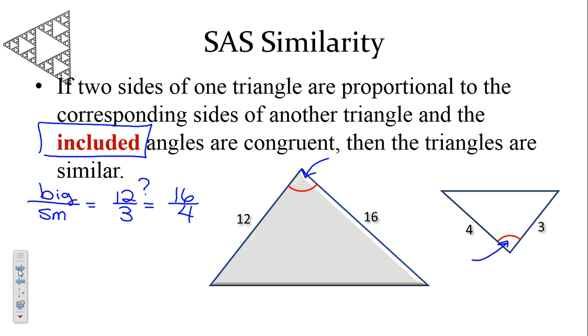They all get to the same result. You choose what works best for you, which one you like the best. So which do you prefer? Cross multiply. Let's cross multiply. Let's see if 12 times 4 is going to be equal to 3 times 16? Absolutely. 48 equals 48. So these are similar by side-angle-side similarity.